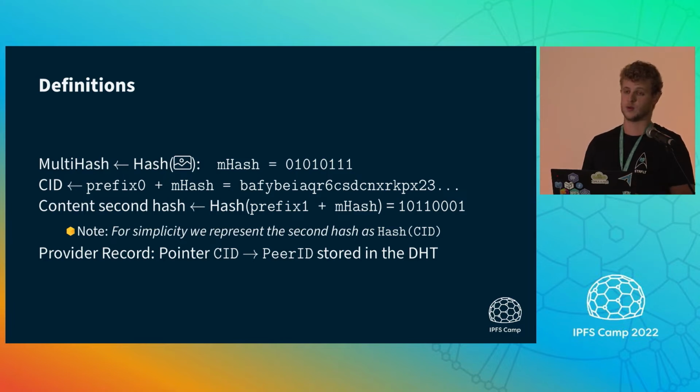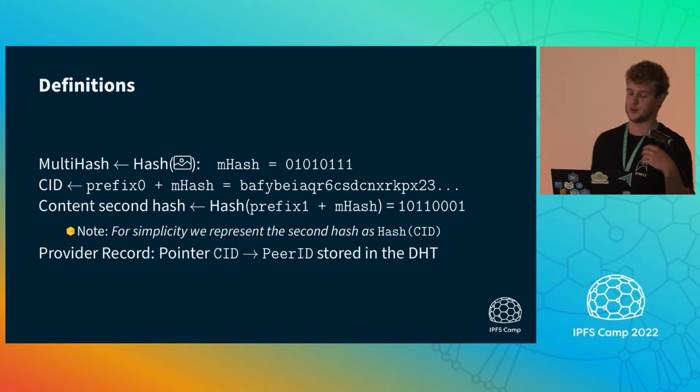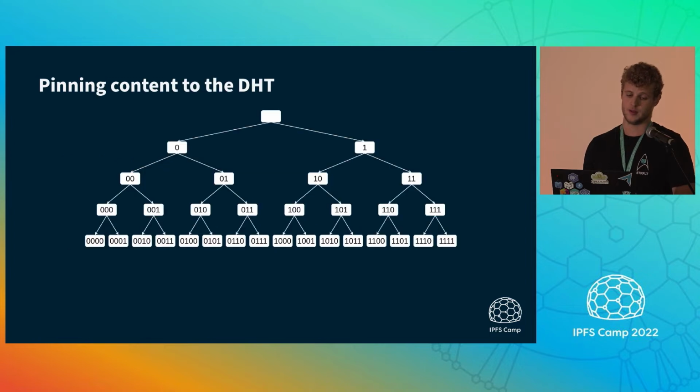So the provider records are this pointer that maps the CID, the content identifier, to the peers that are hosting them. It's also possible that multiple peers store the same content. And so if you look up a CID in the DHT, you will get a list of the content providers, and you can then ask them to retrieve the content.